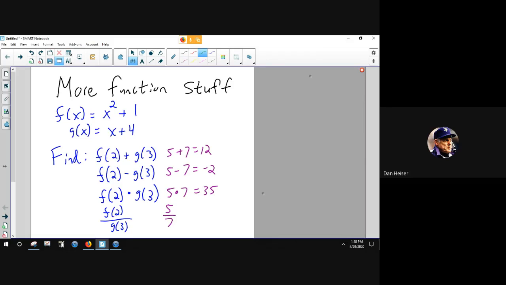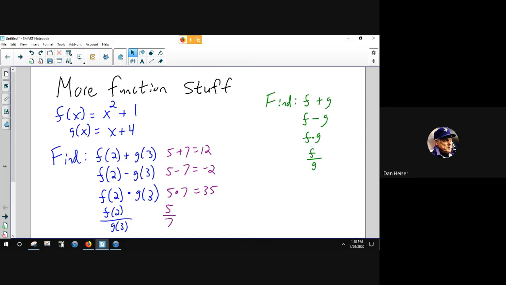Over here on the right-hand side, I have a similar question. Only now it says find f plus g, f minus g, f times g, and f over g. Let's see what happens here. So now instead of evaluating for a specific value, we'll evaluate in general.